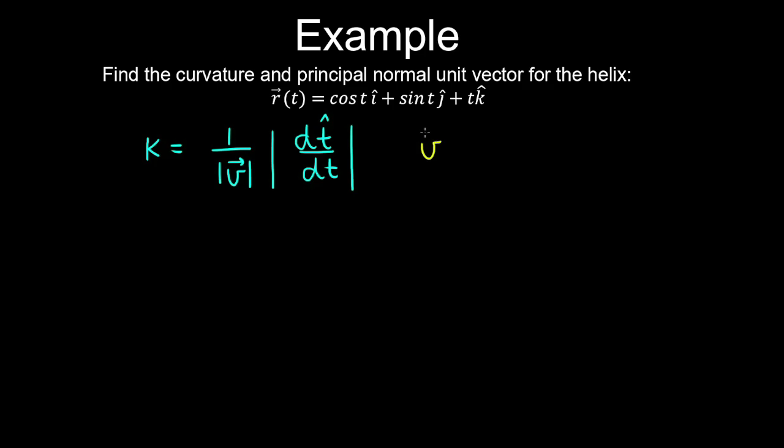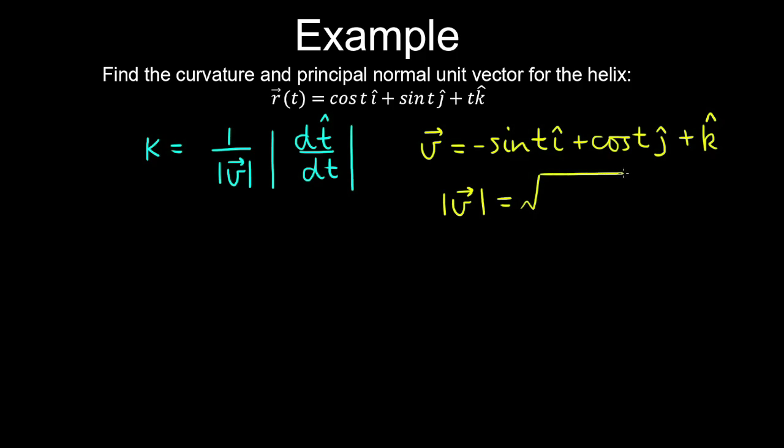And we can obtain v, being the velocity function, is minus sine t in the i direction plus cosine t in the j direction plus k. And therefore the magnitude of the velocity vector is the square root of sine squared t plus cosine squared t plus 1 squared, which is root 2, using the trig identity.